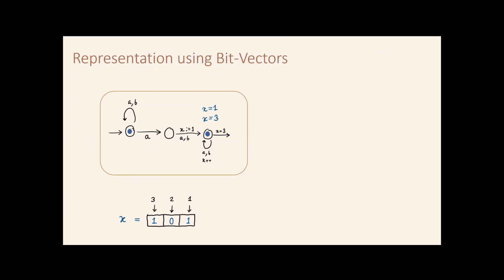And I propose that it is useful to represent these situations with bit vectors. Instead of just storing a single value of the counter, I would store a bit vector of length 3, since 3 is the upper bound for this counter. Here we have a bit vector of length 3.